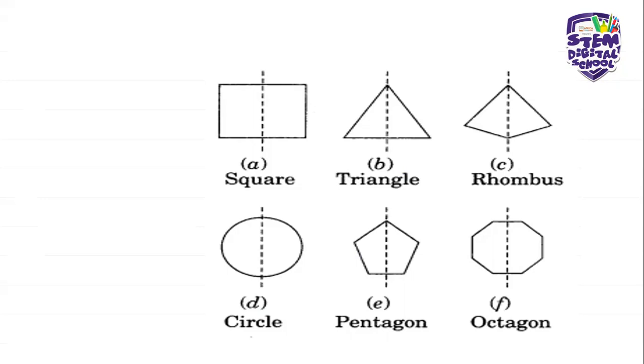And each one of those, I've decided to draw a line of symmetry. Now, the line of symmetry, as I've said, must be drawn in such a way that if you fold your geometric figure there, the one half will fit exactly on top of the other half.